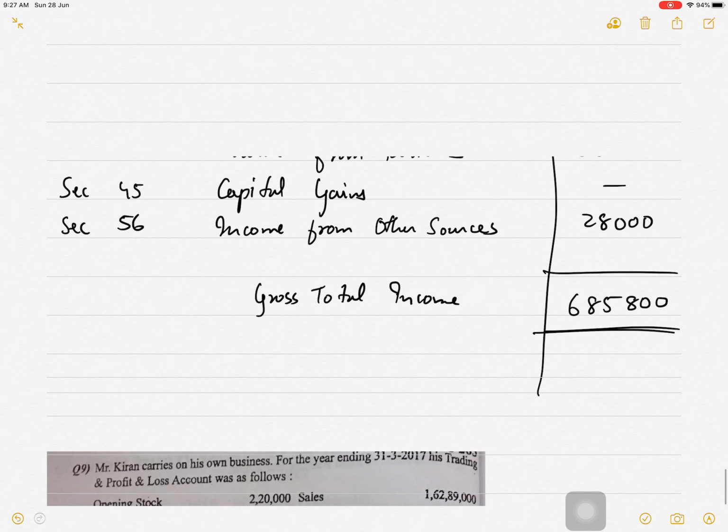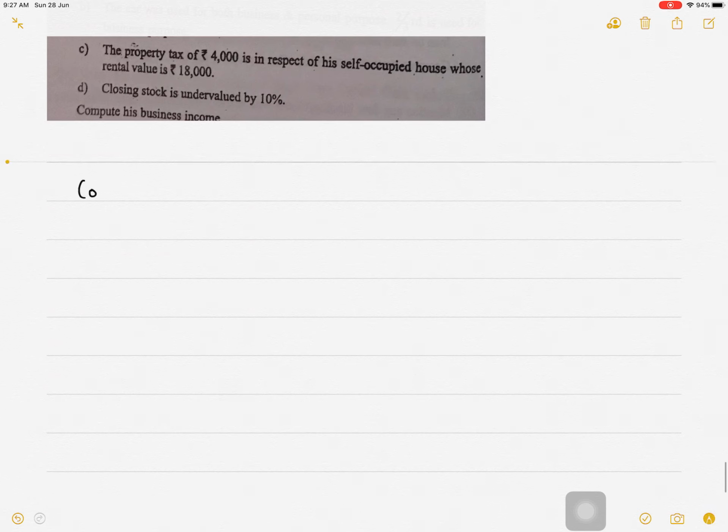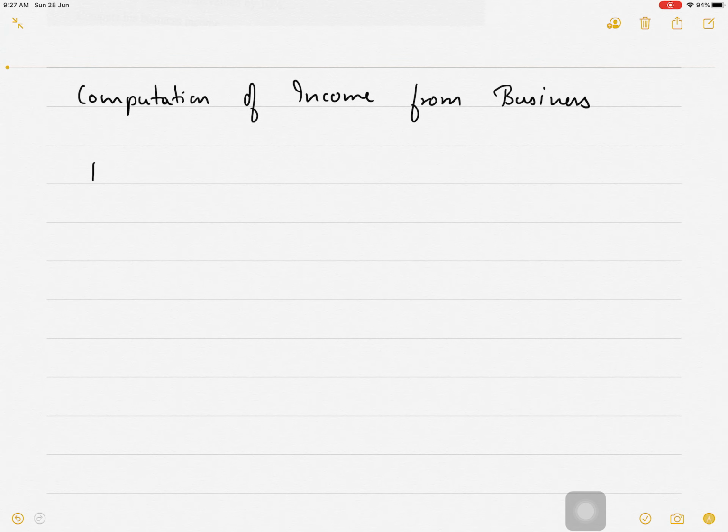So let's compute. Computation of income from business. Three columns, particulars, amount.